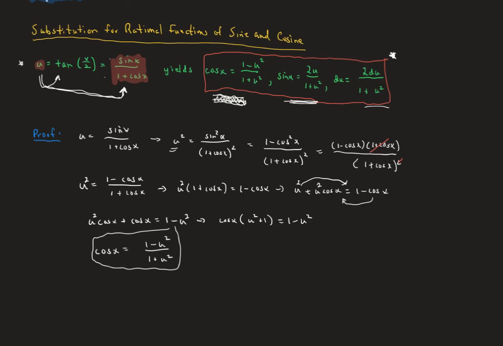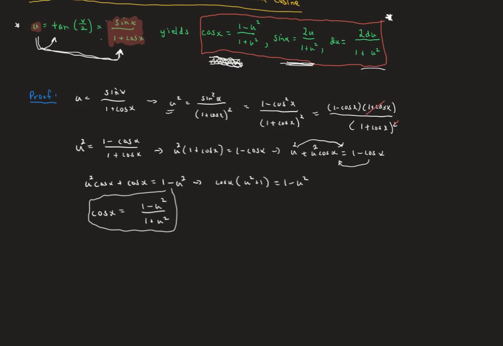We can get that sine x must be 2u over 1 plus u squared. So we're going to go back to our u equals, I'll do a different color here. So let's say that u is equal to our sine x over 1 plus cosine x.